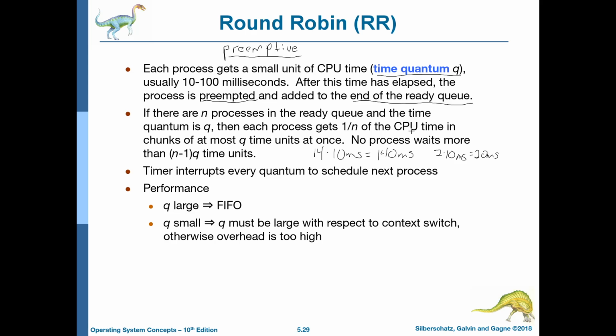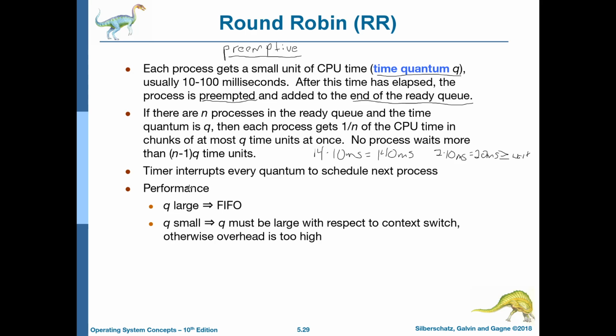Now, this may still seem like a long time, but let's remember that this is a maximum, so 20 milliseconds is an upper bound that will set how long a job will wait. That is certainly a lot shorter than the 27 milliseconds the last job was experiencing.